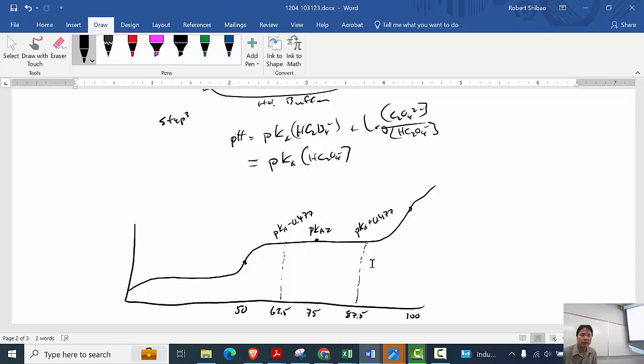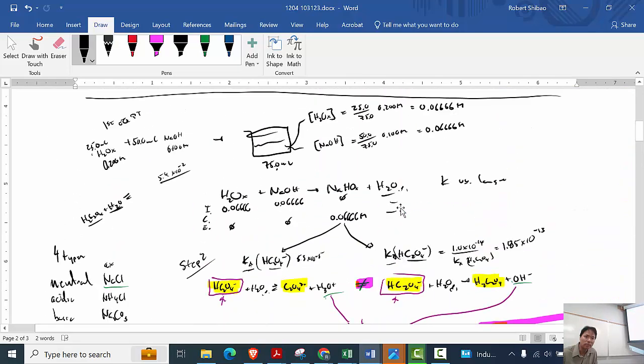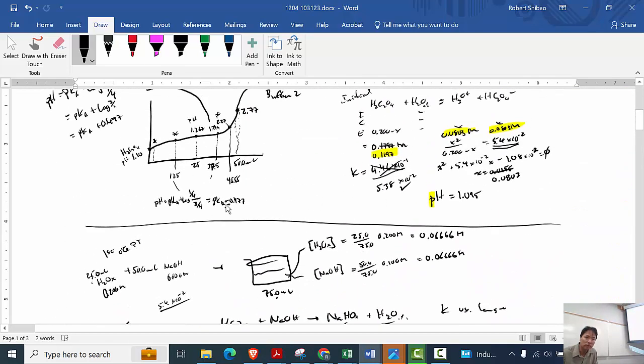Okay. Then we have the 1/11th. And so what's 1/11th of the way between 50 and 100? Okay, 54.5. Actually, what did we calculate earlier for the 1/11th?